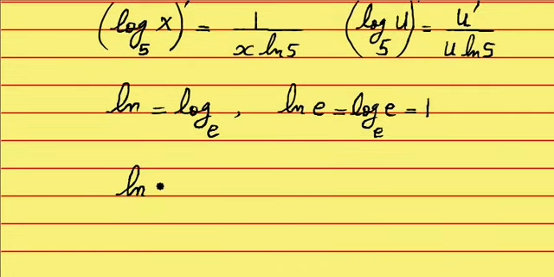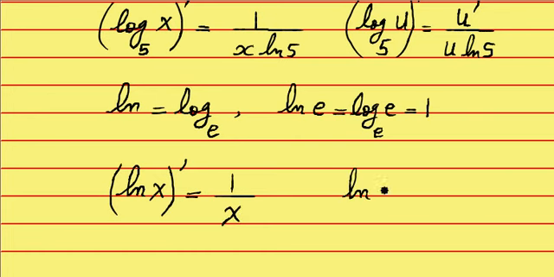If I have natural log of, let's say, x, and I want to differentiate that, the formula is just like this, except that I have to write natural log of e here, and natural log of e is 1. So the formula becomes extremely simple: 1 over x.